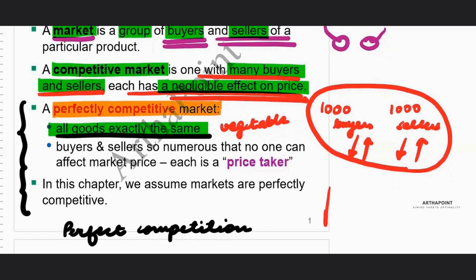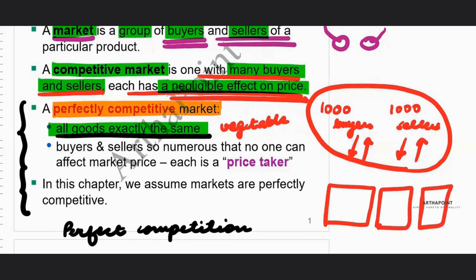I cannot distinguish the tomatoes of the first vendor from the second vendor, the third vendor, or the fourth vendor selling tomatoes. So the goods are exactly the same. Secondly, buyers and sellers are so numerous that no one can individually affect the market.